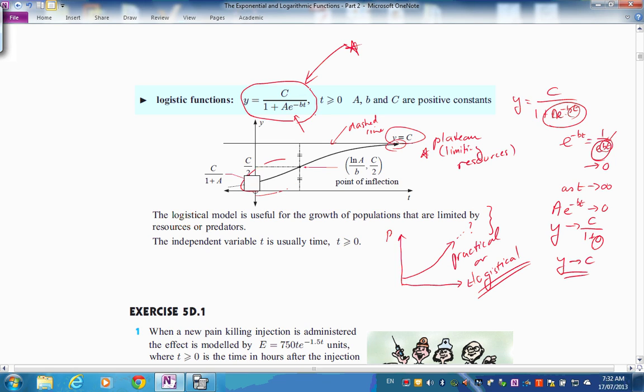So let's tidy this up and just say again, if you're asked, let's say, when is the population increasing at the greatest rate? Rate of change is the derivative, dy by dt, and you want that to be a maximum. So that's at that point, and that's when the second derivative equals naught.